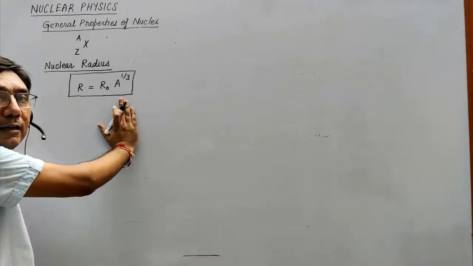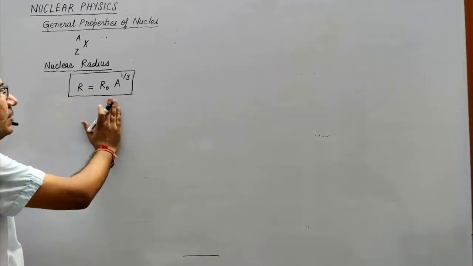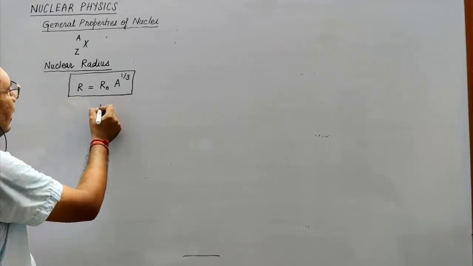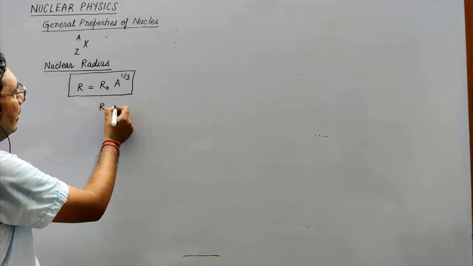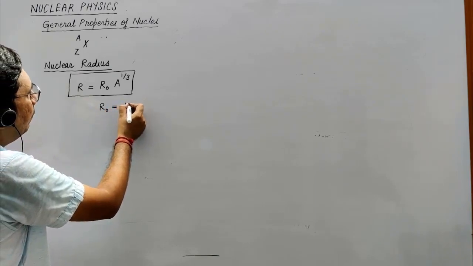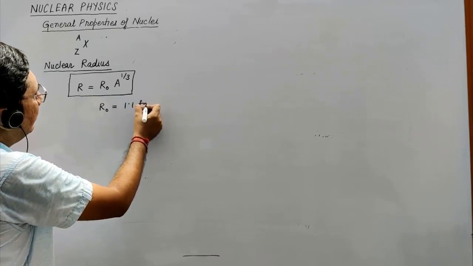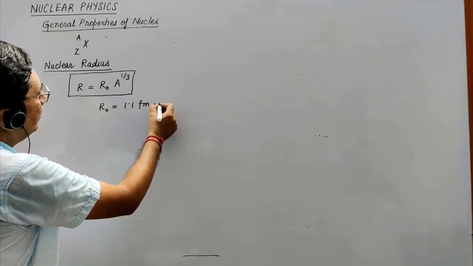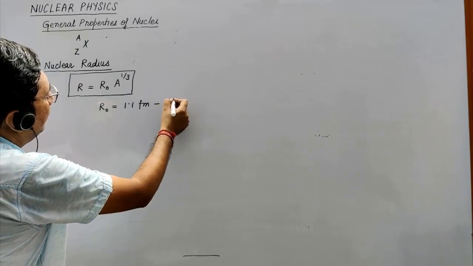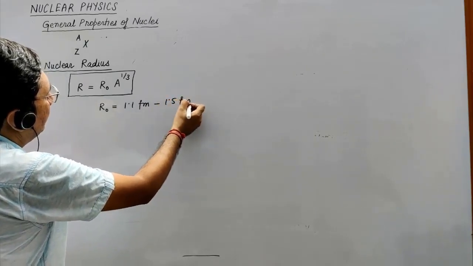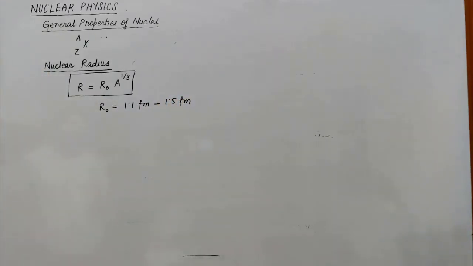This is one of the most important formulas from the exam point of view, where R naught is a constant. Its value varies from one nucleus to another, and lies from 1.1 femtometer, or Fermi, to 1.5 Fermi. If a numerical question provides you the value of R naught, that is okay, use whatever value they provide.